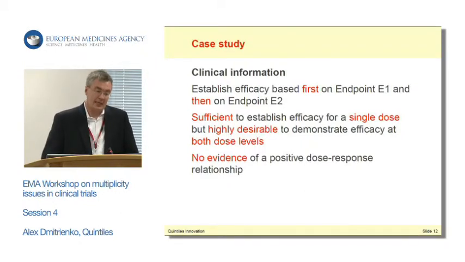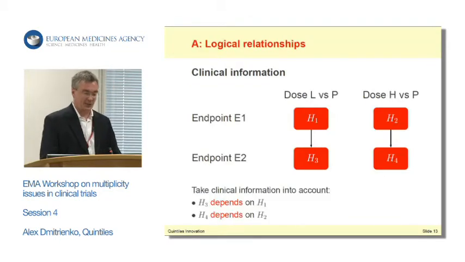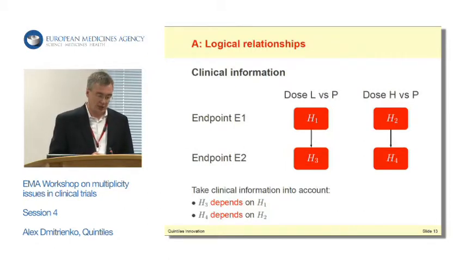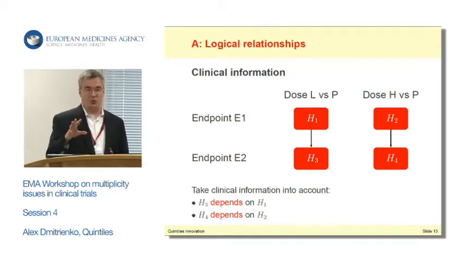So how do we incorporate this clinical information? This can be done by drawing connections. I showed you a similar diagram a few slides back, and that diagram only had 4 boxes. Now we begin utilizing the clinical information to connect those boxes and draw those logical relationships. From a clinical perspective, once we establish a significant effect on the primary endpoint at a certain dose, we should not just jump diagonally.